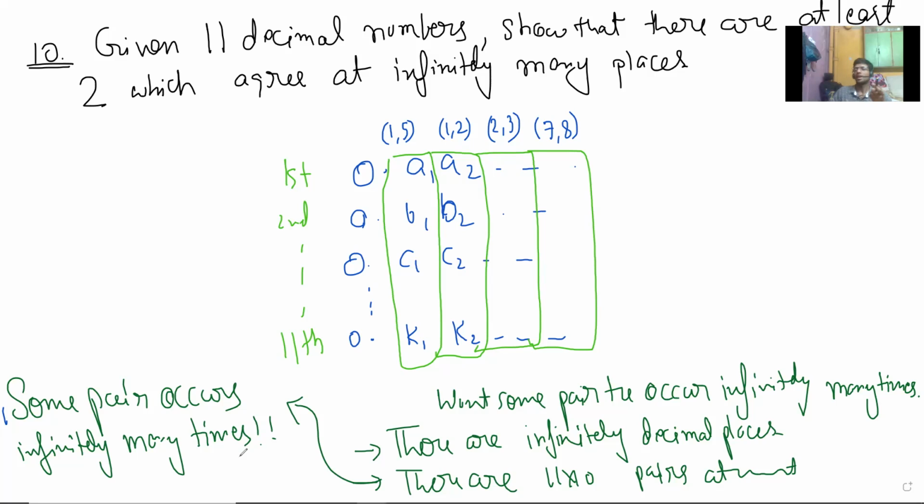This is a very good fact, right? It's not obvious immediately. It just gives you 11 decimal numbers, and they say that there are two numbers which agree in infinitely many places. That's not immediately obvious.